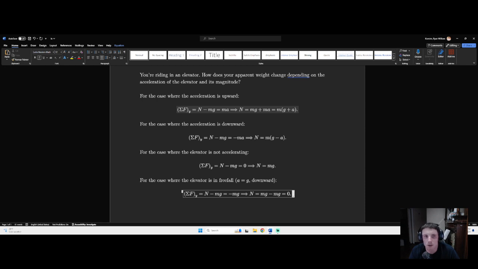So you wouldn't experience any normal force. This is kind of like in the cartoons when somebody's standing on an elevator, the cable breaks, and the elevator falls, and the cartoon character is just still standing there, floating in midair for a couple of seconds until gravity catches up with them and they begin to fall too. The normal force is in fact 0, which is perfectly consistent with your feet losing contact with the floor of the elevator.